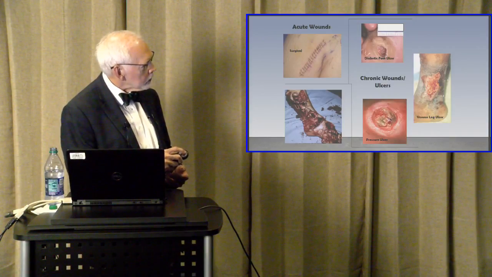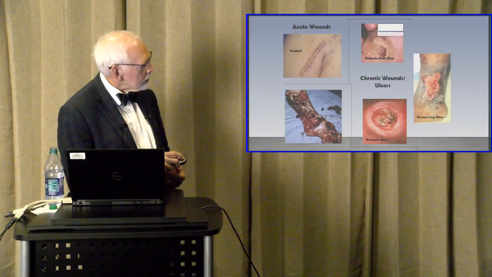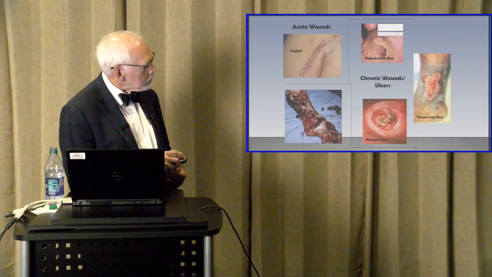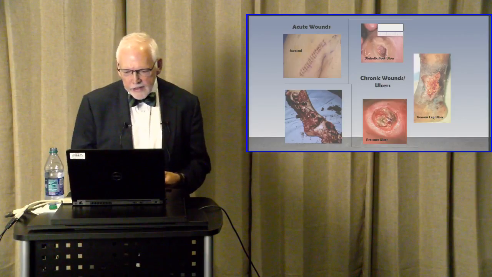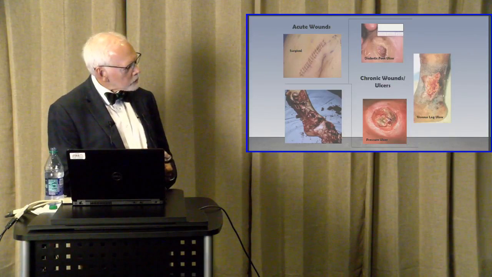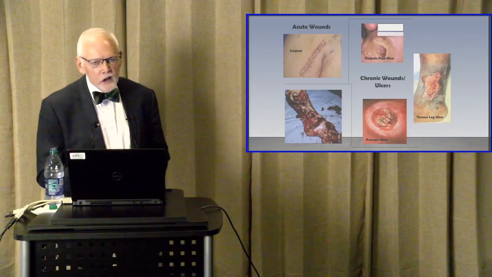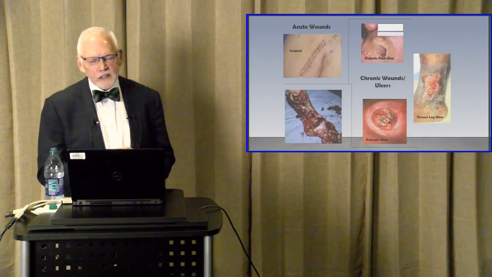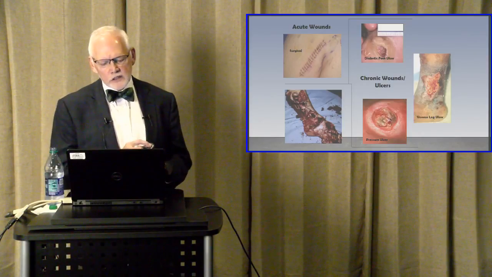There are all sorts of different kinds of wounds. This one you're familiar with, that's not us. This one is probably not going to be helped by us, but we see a lot of these. And I should mention the one on the bottom, the pressure ulcer, we're not going to talk about today. That's a course unto itself.